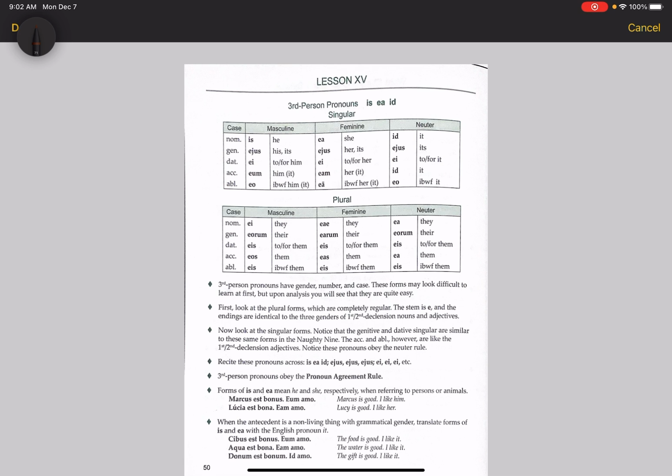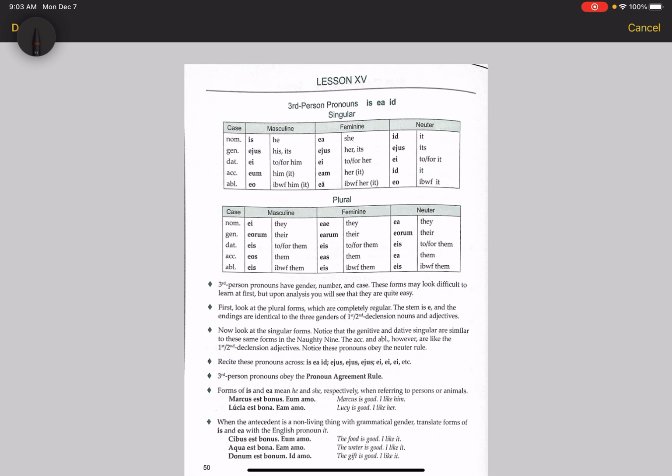In the feminine, eae, earum, eis, eas, eis. And in the neuter, ea, eorum, eis, ea, eis. So these endings look a lot like, in fact, identical to first and second declension adjective endings, or noun endings even. The singular is a little bit different.